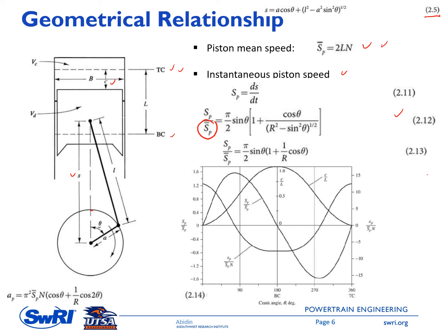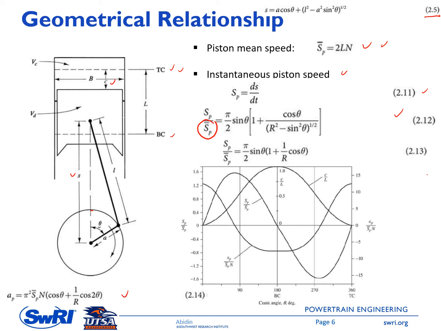And the next one is the instantaneous piston acceleration. This is obtained by differentiating equation 2.11 with respect to time. So you differentiate the velocity equation with respect to time, then you will get equation 2.14.